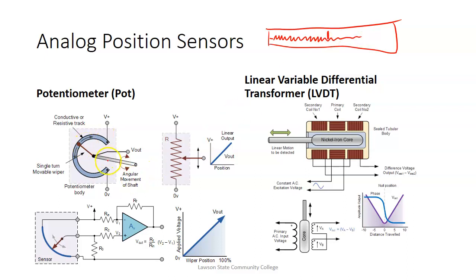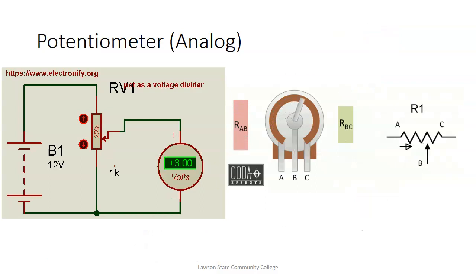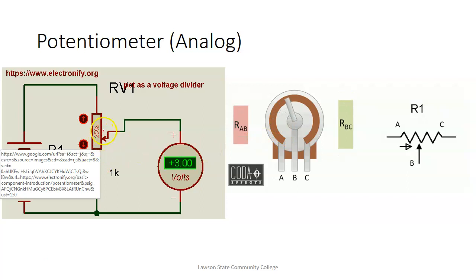You can see it real easy on the rotary pot: if this wiper is connected to something, when it turns, it moves, and it gives us an output voltage proportional to the position of the pot.